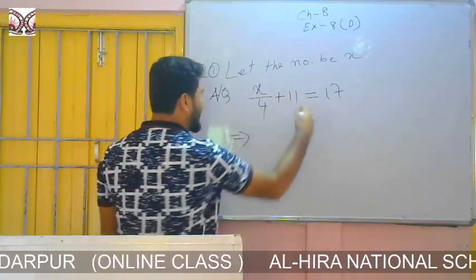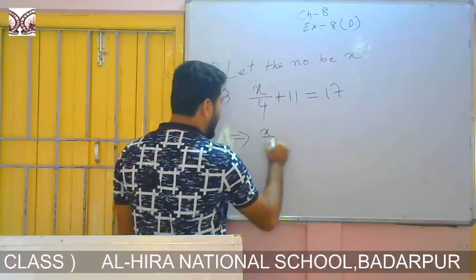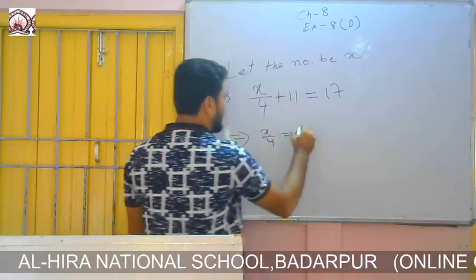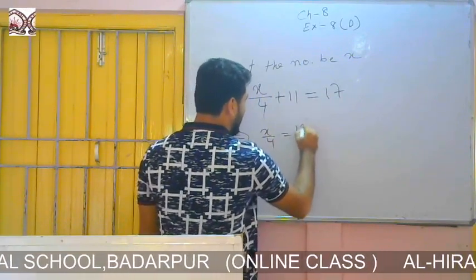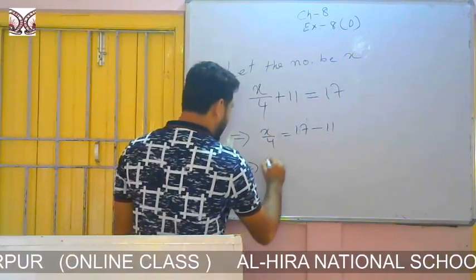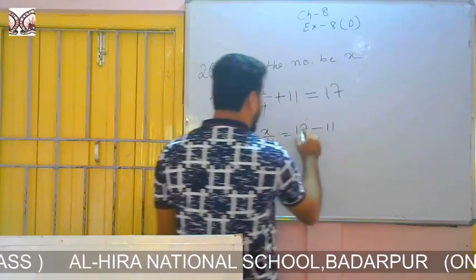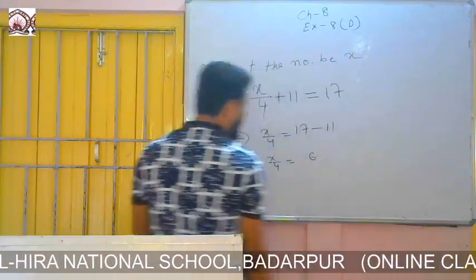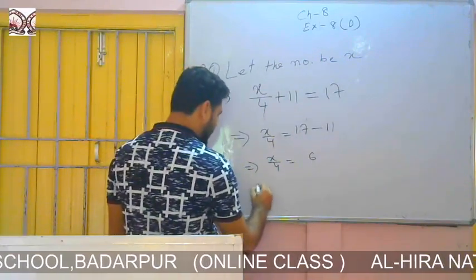So from here we can find the value of x. x by 4 will be 17 minus 11. 17 minus 11 here means 6.